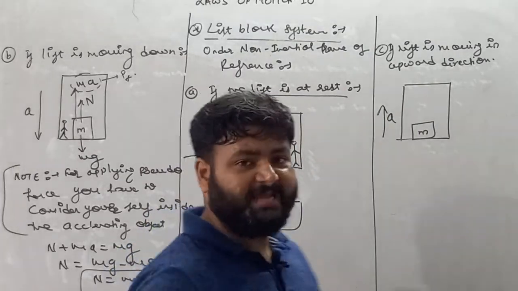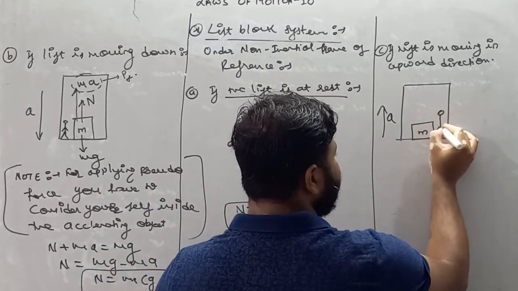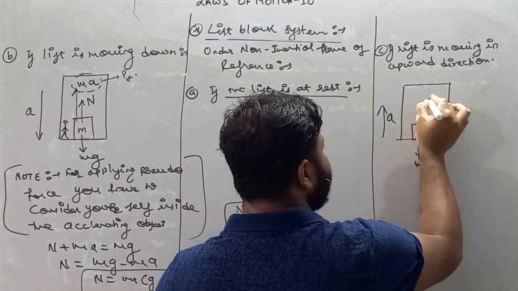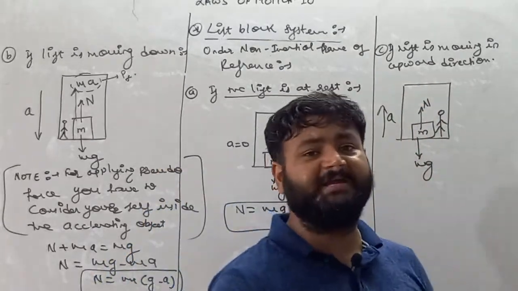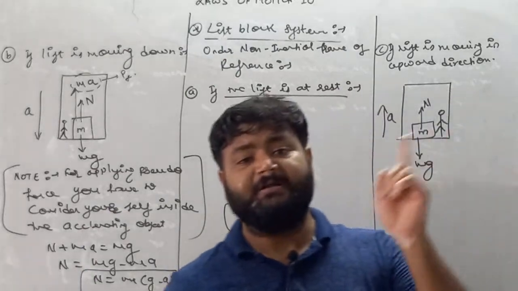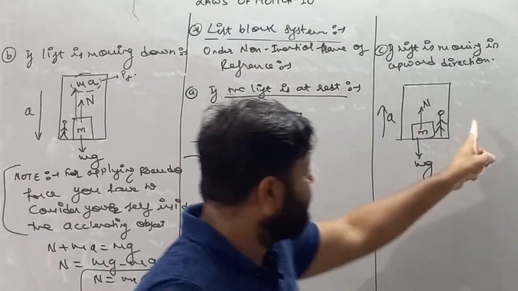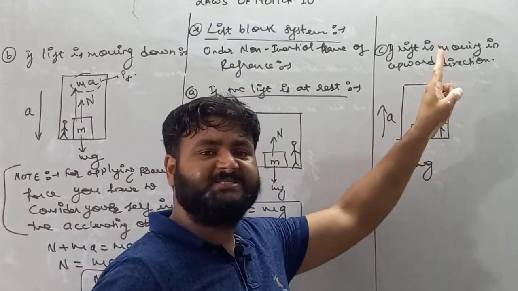Now I am applying pseudo force, so I am considering myself inside the lift. So vertically downward mg, normal reaction N. Now how to apply pseudo force? First we have to make the FBD under the inertial frame of reference, that is, if the observer is at rest. So he'll make vertically downward mg and normal in the upward direction.